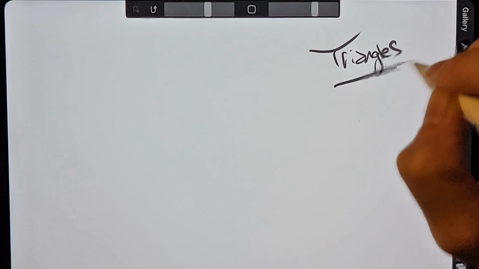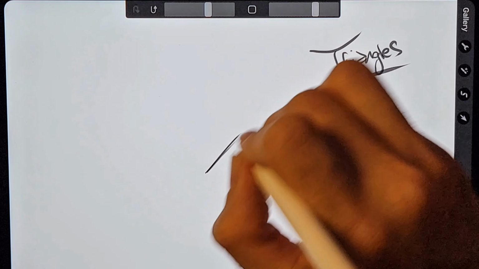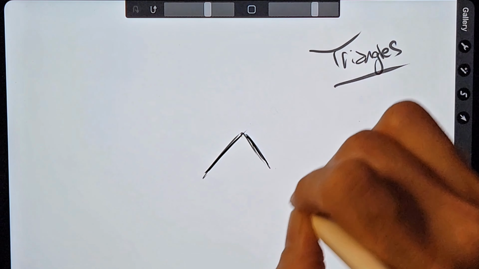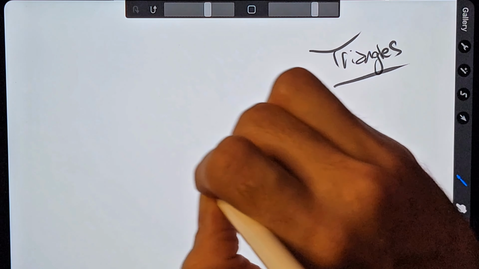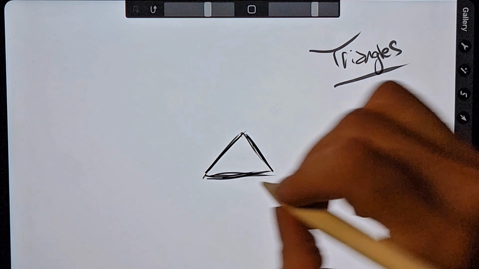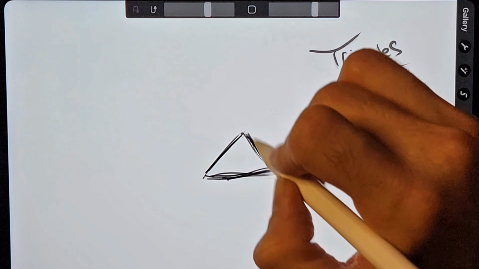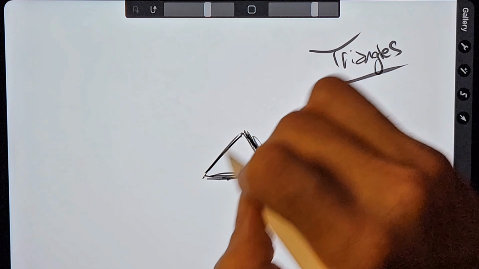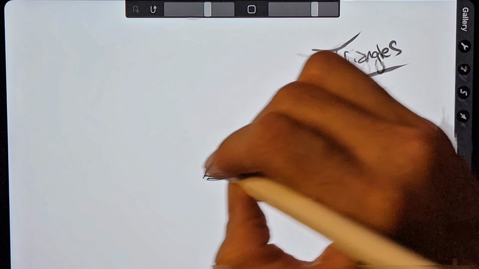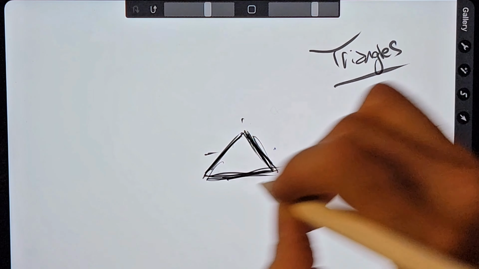Triangles. Alright. So triangles are pretty cool because you've got so many different types of triangles, and this is where it does pay to know a little bit of the mathematical terms with it, right? I tried so hard just now to make an equilateral triangle, which I believe is when all three sides are the same. Boom, boom, boom.